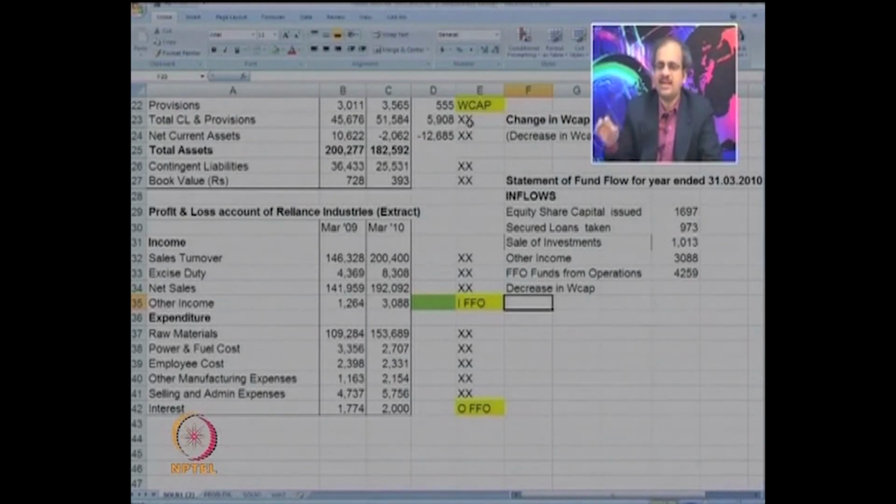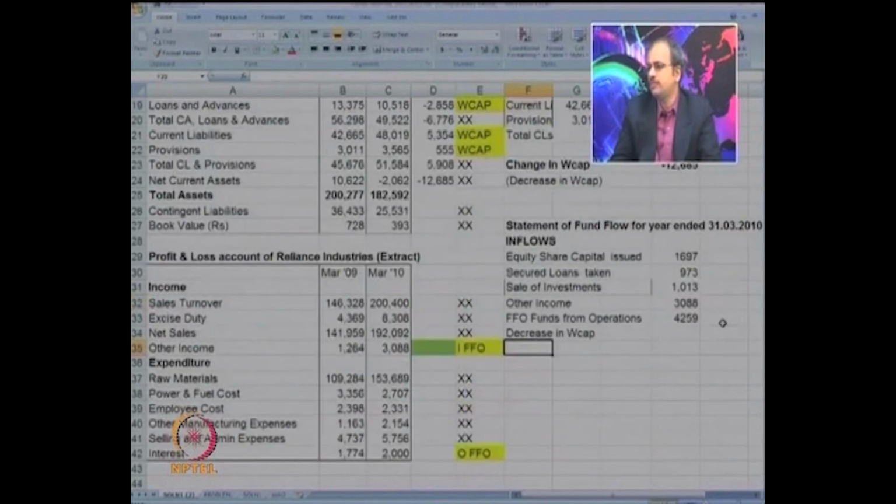That is why we have marked it as an inflow. It is 12685. We have calculated it and got the figure as minus 12,000. So we concluded that it is a decrease and we have shown it as an inflow. So total inflows we have calculated.